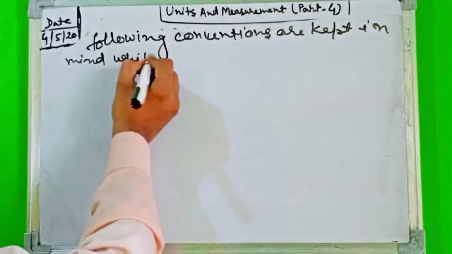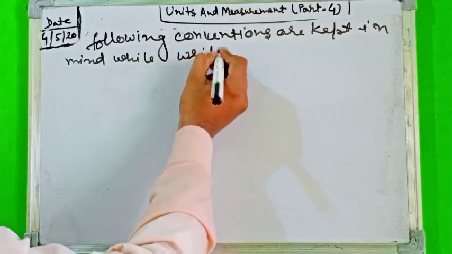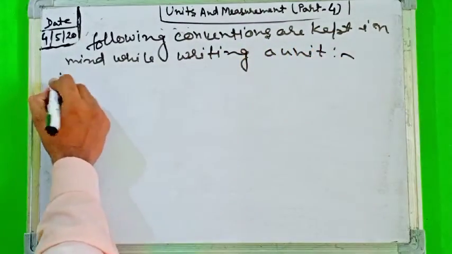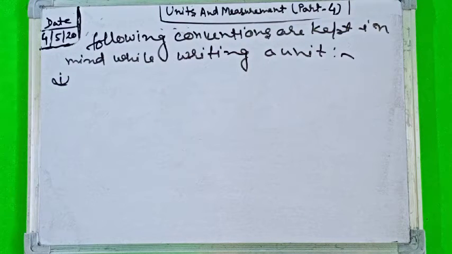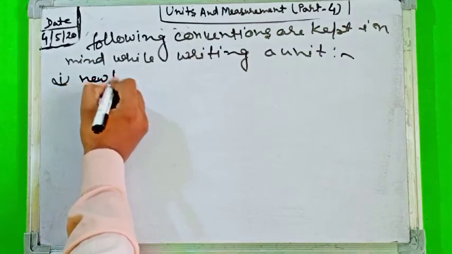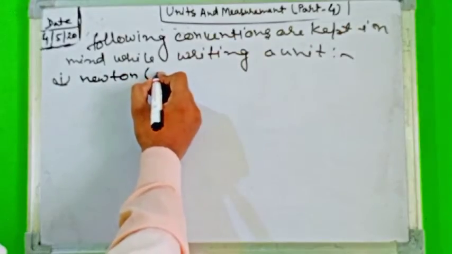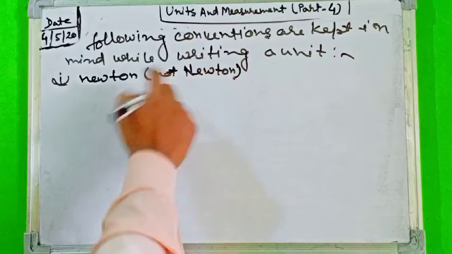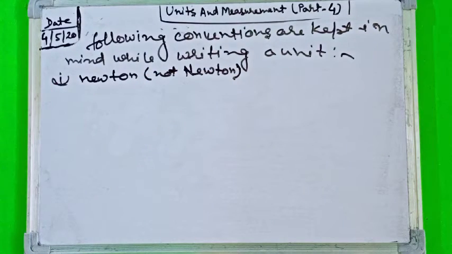The first convention is, suppose you are writing the name of a scientist, because there are various units which are named after scientists. If you are writing the name of the unit, it can be written as newton, not like Newton. The unit is expressed with the first letter as a small letter.